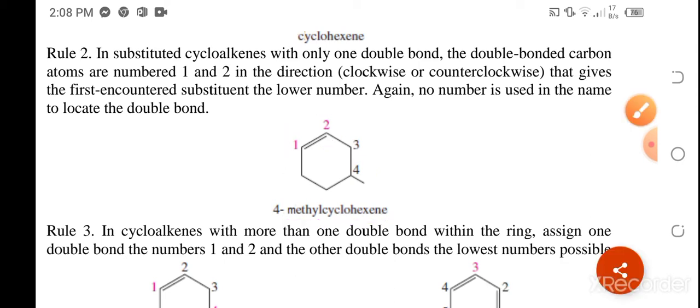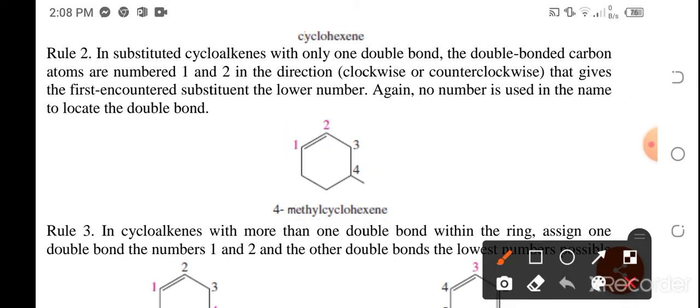Now, what if lagyan natin ng another substituent naman, like here. Lagyan natin dito ng, let's have bromine. So paano ang numbering system? If we're going to have this as 1, and we still follow the clockwise numbering, so this one is 4th and this one is 5th.